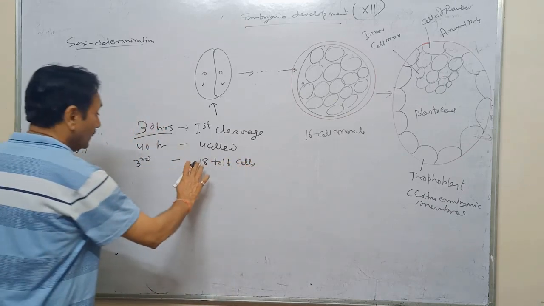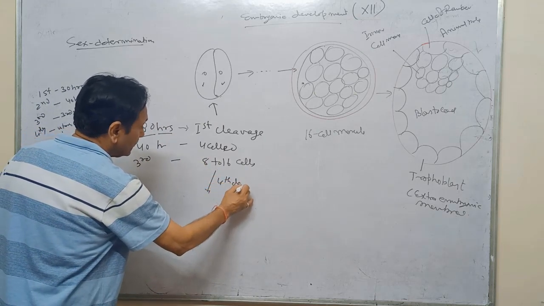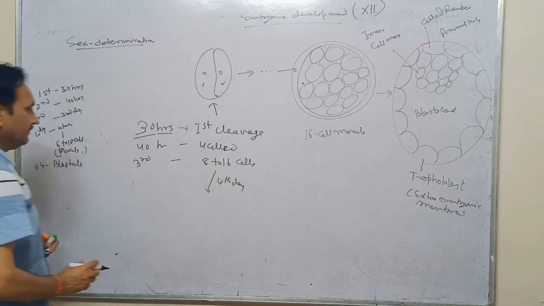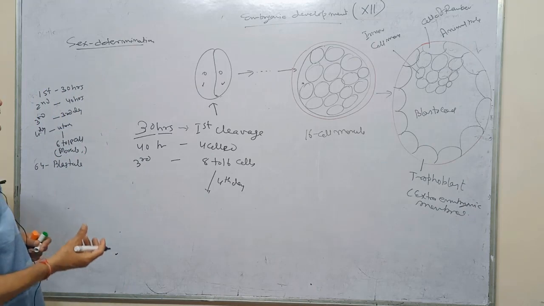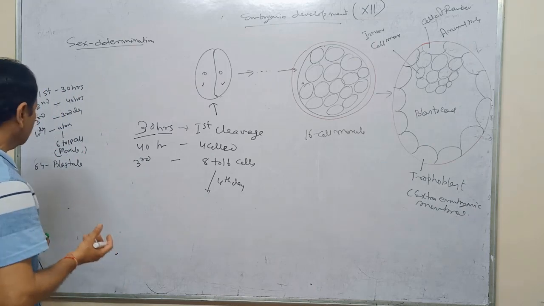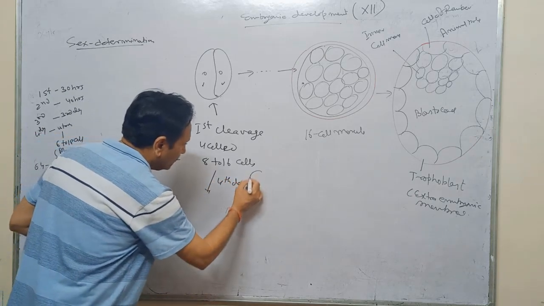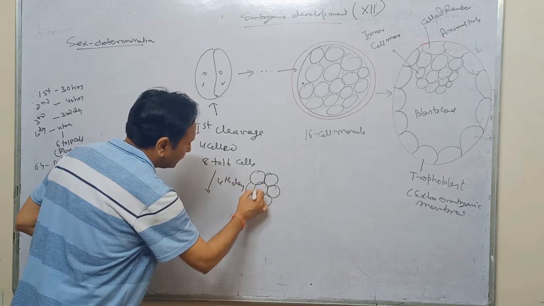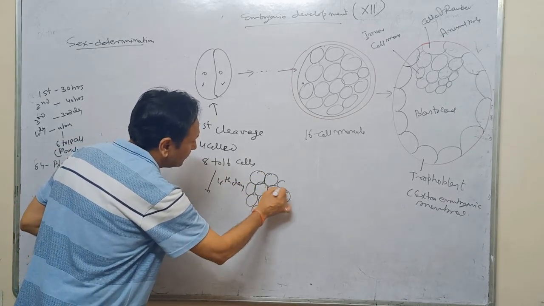Now, on the fourth day, this 8 to 16 ball-like, blastomere-like structure is a solid mass of cells.